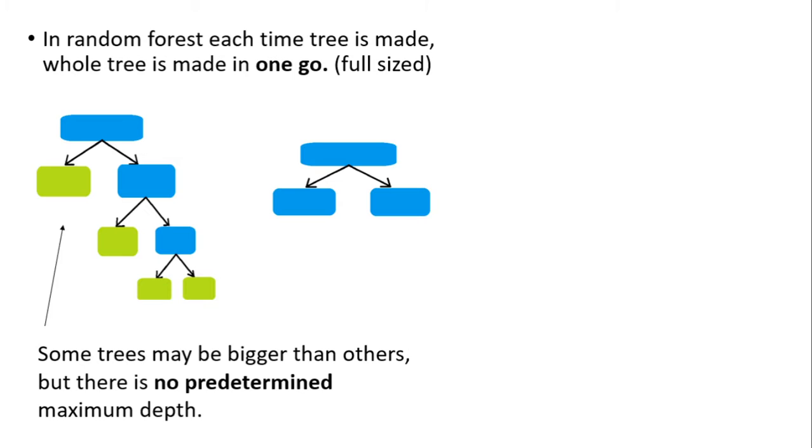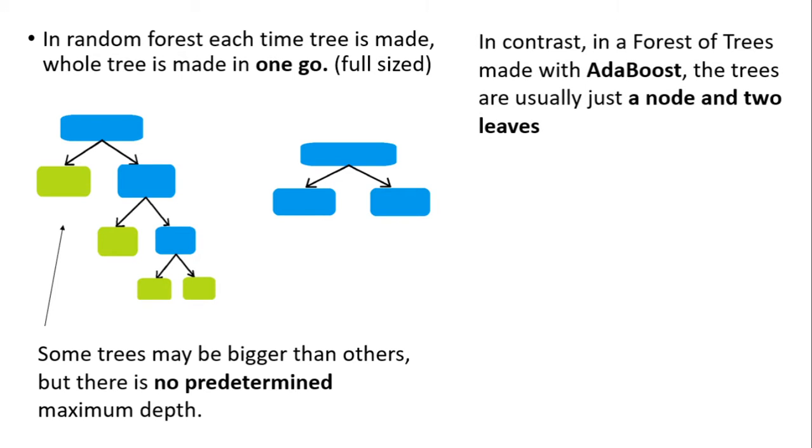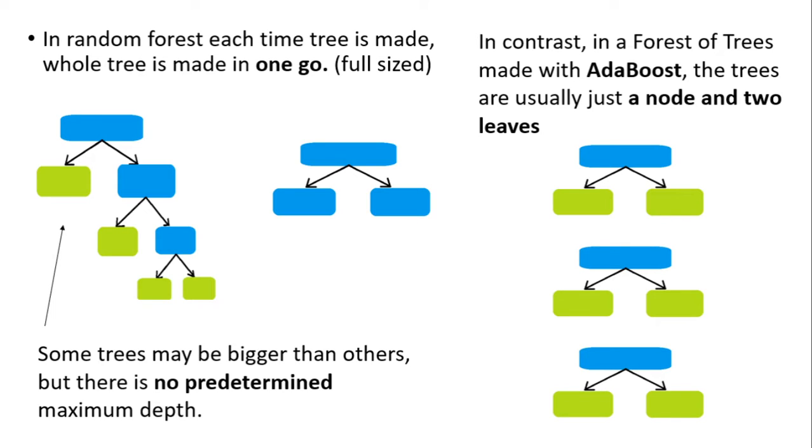As we can see on the left hand side, some trees may be bigger than others, but there is no predetermined maximum depth. In contrast, in a forest of trees made with Adaboost, the trees are usually just a node and two leaves. For example, we have three such data structures which are just a node represented in blue and two leaves represented in light green.